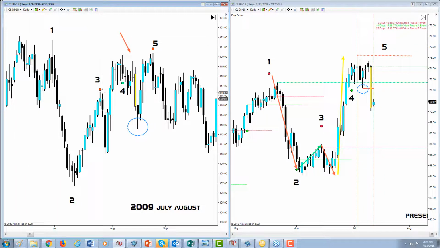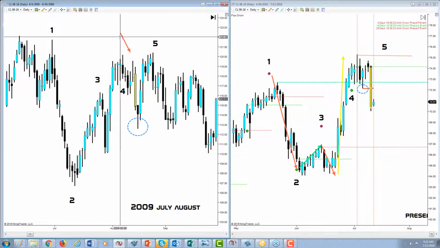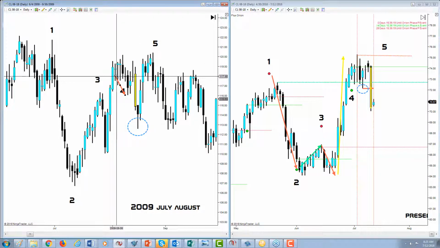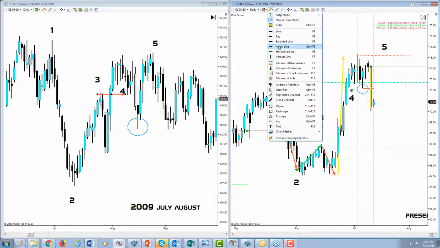Let me take these markers out. I've got numbers here indicating where the different inflection points in the cycle are. Okay. And we were looking for the puncture of this low right here in relation to the two patterns.